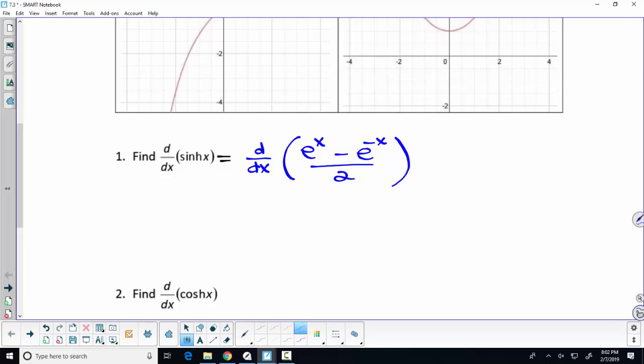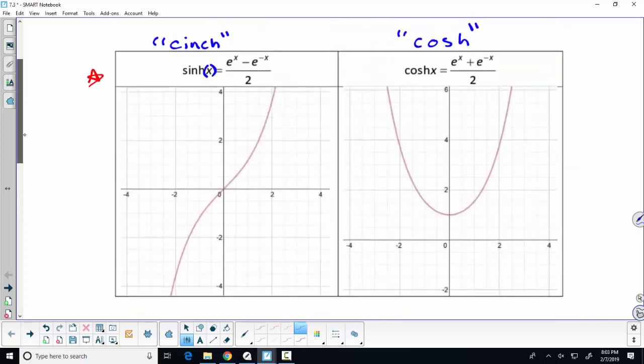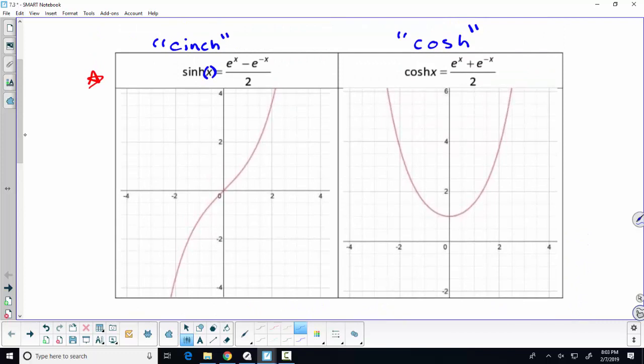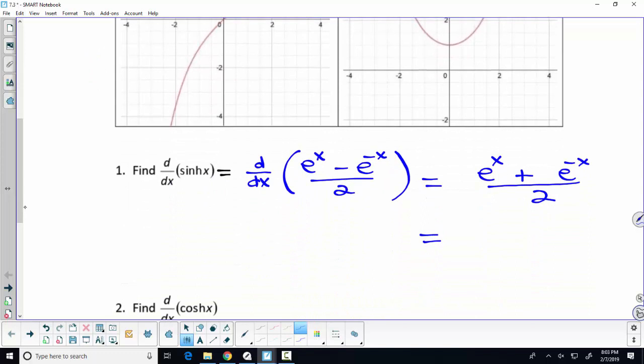The derivative of e to the x, the derivative of e to the negative x, and our constant 1/2 stays out. So we see e to the x plus e to the negative x over 2 is cosh. So the derivative of sinh x is cosh x.